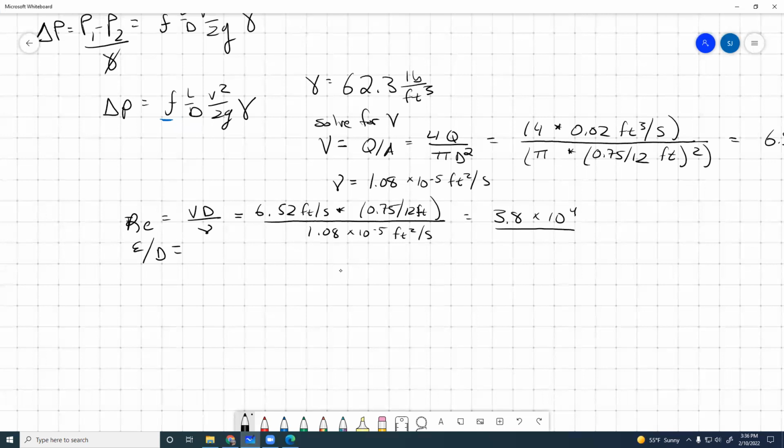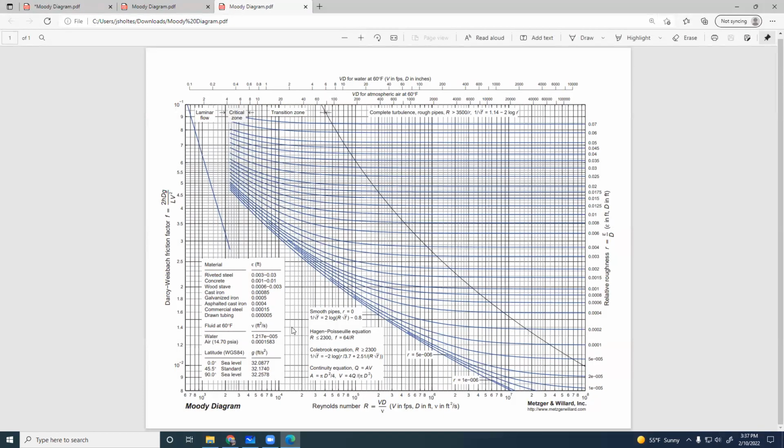E over D. It's not rocket science, but it takes a long time. We can look that up in the table. So it's galvanized iron. Should be a table that you have in chapter 3, table 3.1 perhaps. Oh, we got that in the Moody diagram. Great. Let's check that out. Galvanized iron, 0.0005 feet.